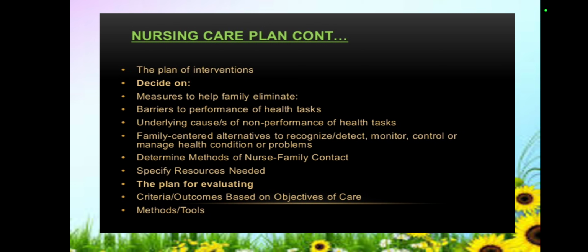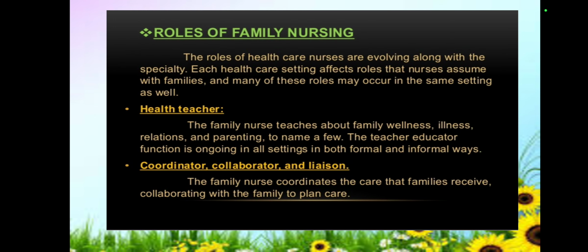So, the plan for evaluating must still be included in the criteria and outcome based on objectives of care, and we also include in our planning the evaluation tool we will use to assess if what we are doing is correct.